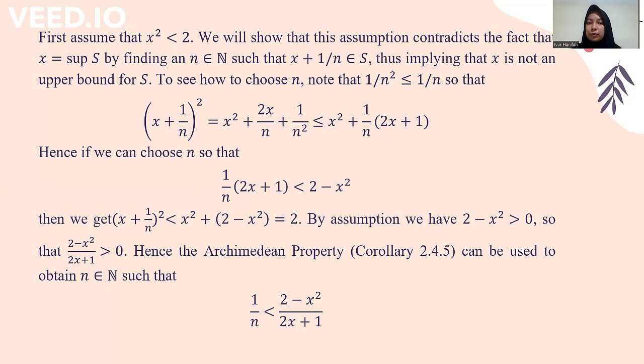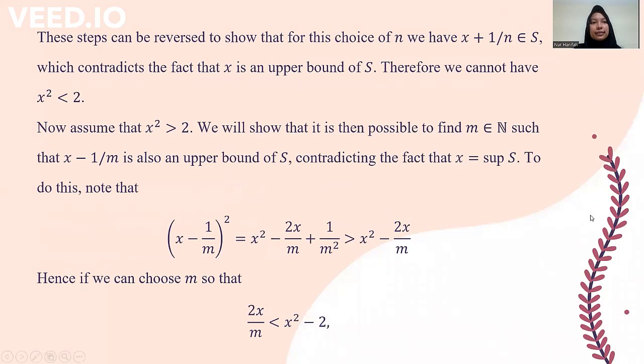Hence, the Archimedean property, or Corollary 2.4.5, can be used to obtain n, an element of the natural numbers, such that 1 over n is less than (2 minus x squared) over (2x plus 1). And next, these steps can be reversed to show that for this choice of n, we have x plus 1 over n an element of S, which contradicts the fact that x is an upper bound of S.